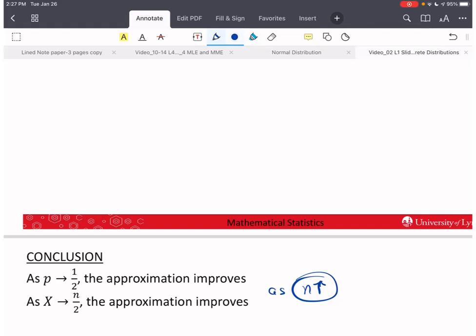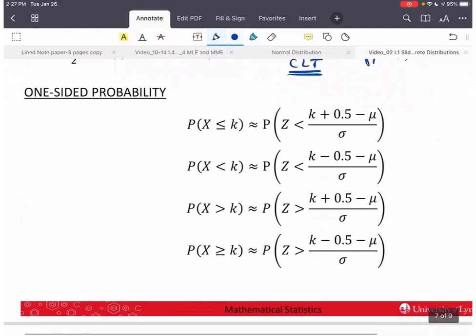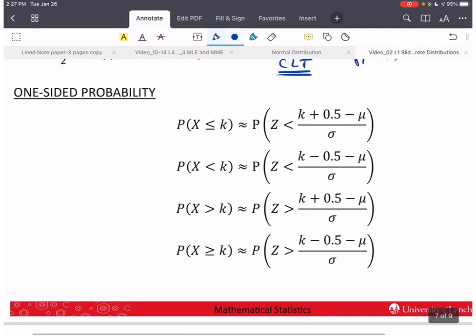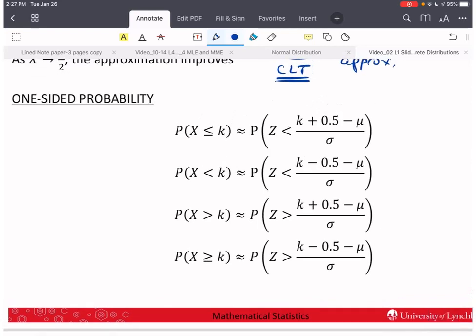The bigger n is, the better the approximation. And that's based on the CLT, central limit theorem. Okay? So I'm giving you the one-sided probabilities here, and we're going to continue with this example using these.